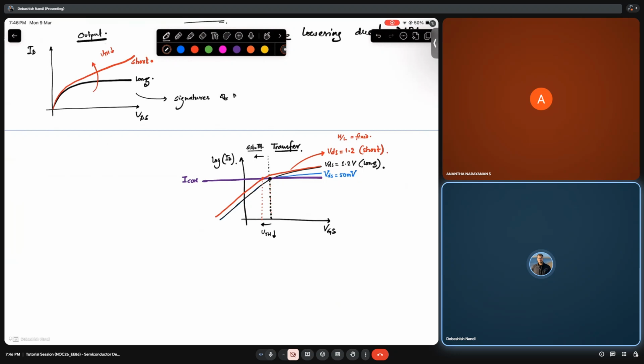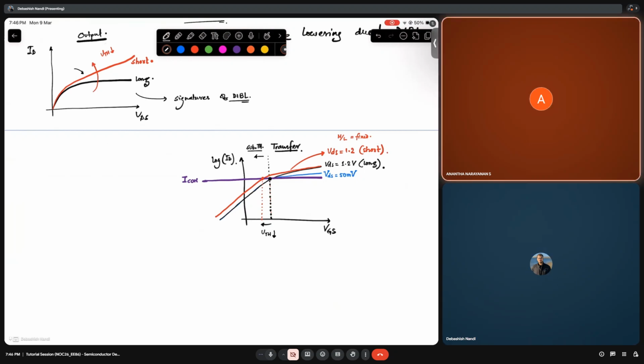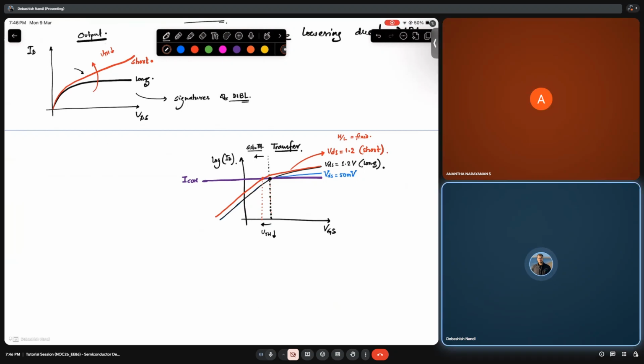But you will say that channel length modulation also shows the same signature, right? How will I differentiate? For that, you need IG also. In case of channel length modulation, the threshold voltage will not shift. Fine. So this is what DIBL is.